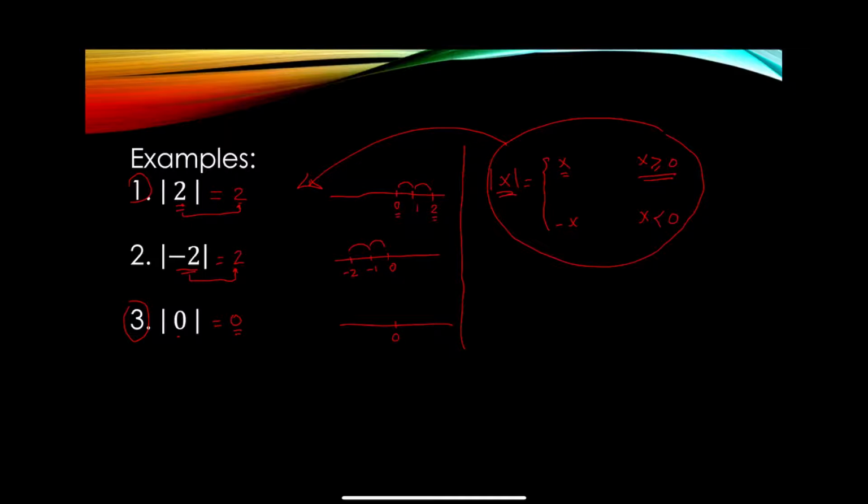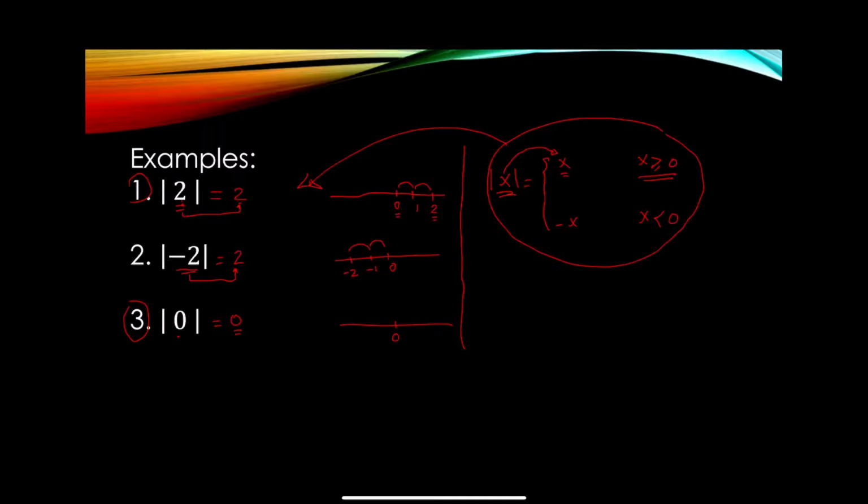So if what is inside the absolute value is either positive or 0, meaning greater than or equal to 0, write it as it is. This is in case of 2 and in case of 0.